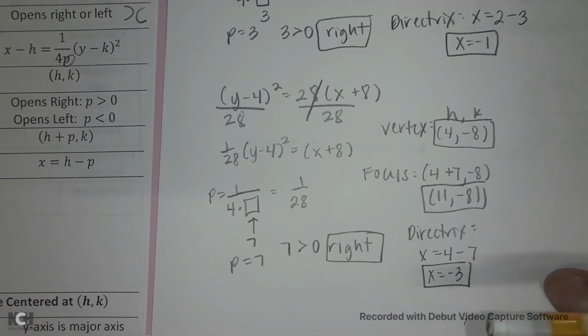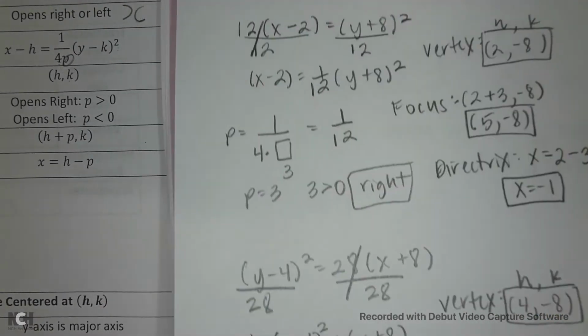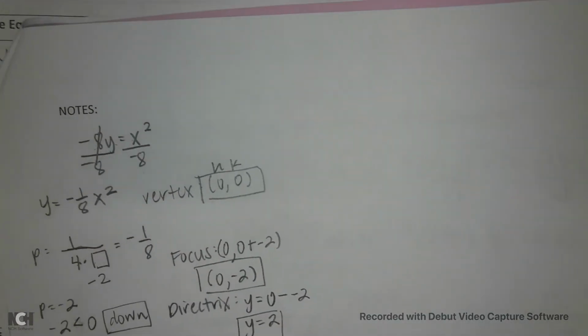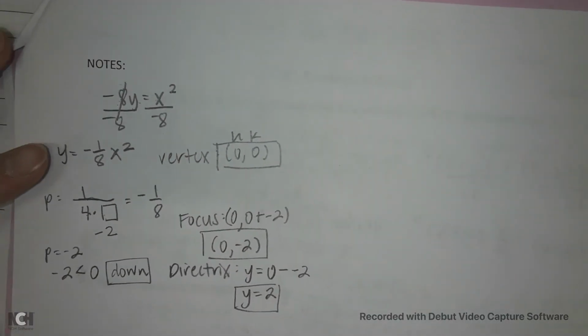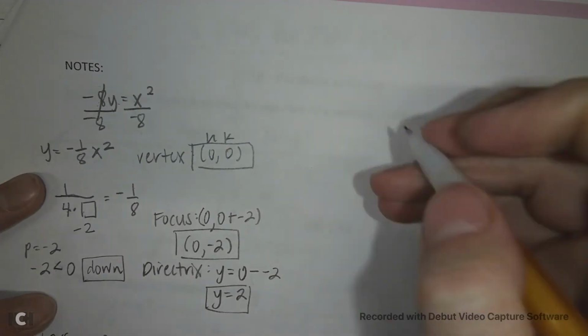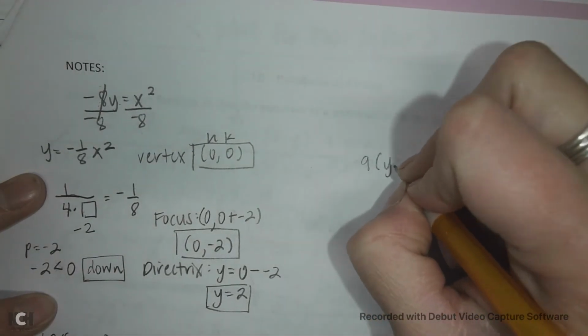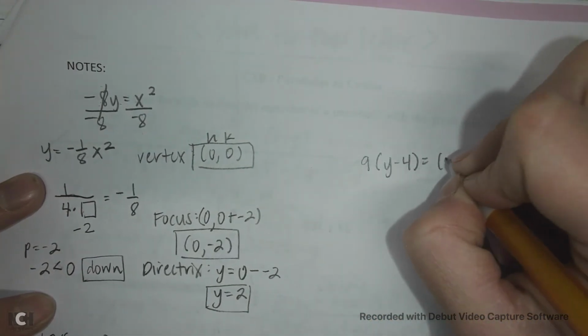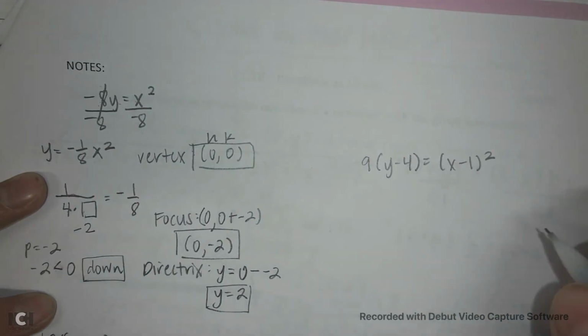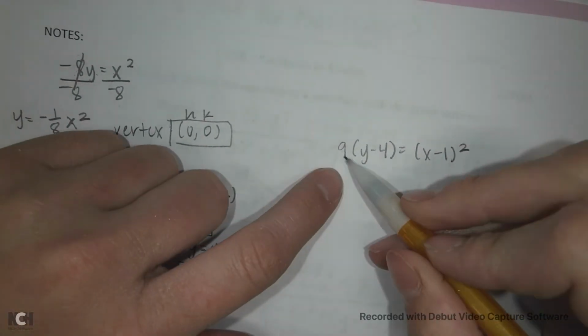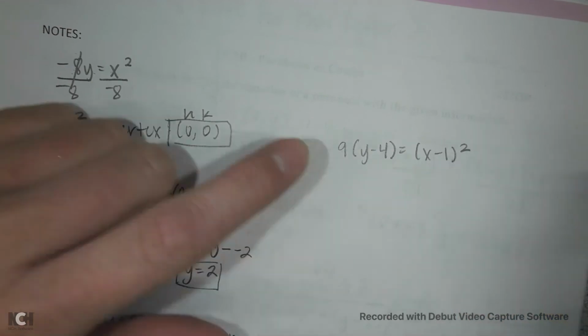Okay, one more. Let's do number 4, which is 9 times y minus 4 equals x minus 1 squared. Again, I do not want my 9 over here. I want to get it by my squared.